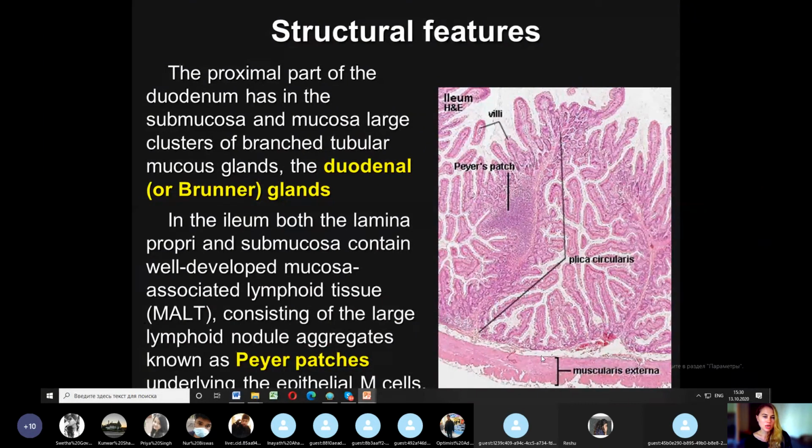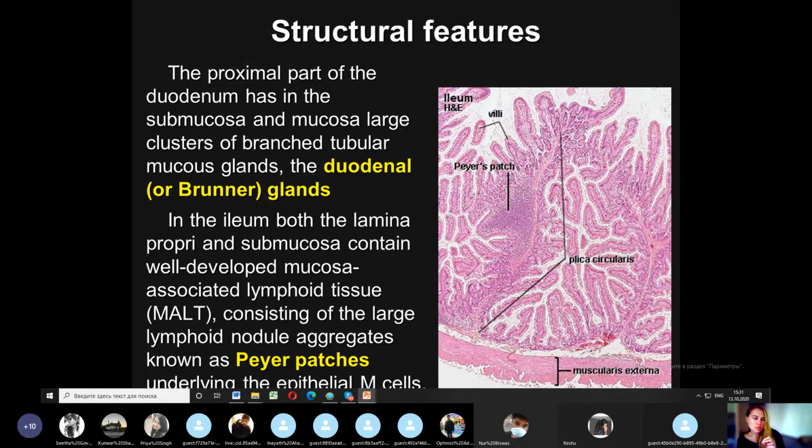One more time. How can we differentiate the duodenum from the jejunum or ileum? First of all, by the relief. All these three segments contain, if you remember, villi and crypts, and what is the difference between the duodenum and jejunum? The duodenum is the initial part of the small intestine, and the villi there are shorter and wider.